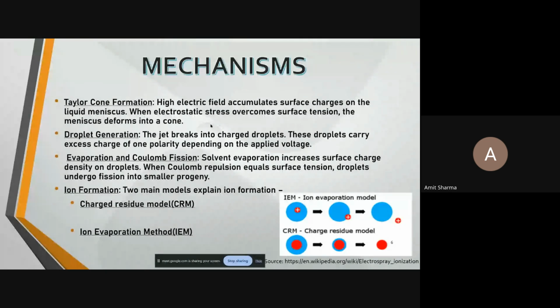In the charged residue model, the solvent molecules evaporate and the ion is left as a residue, as we can see in this figure. In the ion evaporation model, the ions evaporate away from the droplet itself. These are the mechanisms of electrospray ionization.